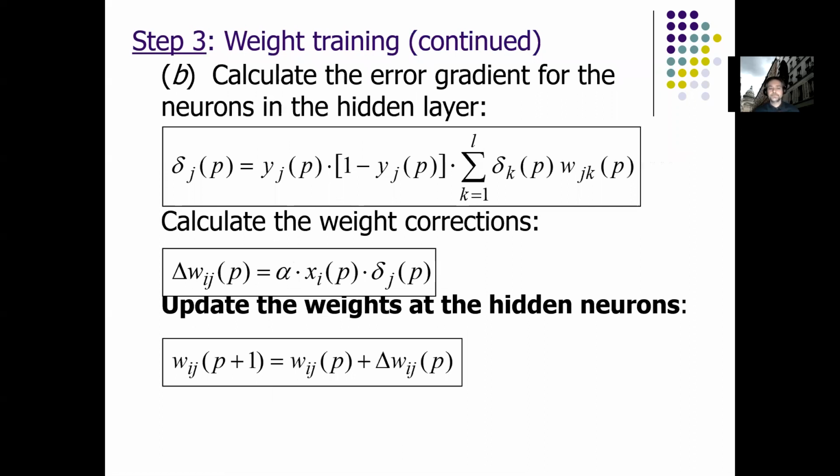And then you have to do the same in order to update the weights at the hidden nodes. And you can have several hidden layers. If you have only one, then you apply this kind of equation only once. Otherwise, you continue and you propagate the errors and you calculate updates for the weights of the other hidden layers. The equations here, as you can see, become slightly more complex.